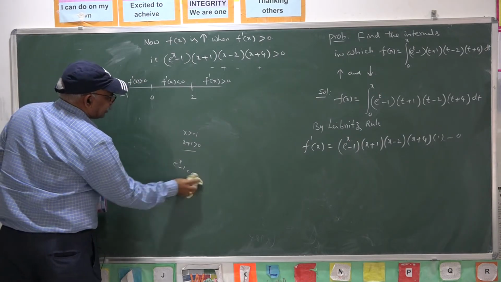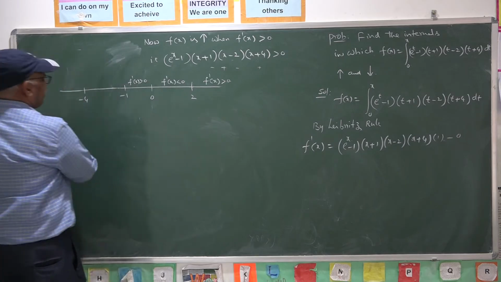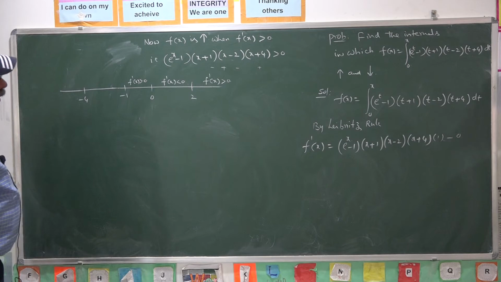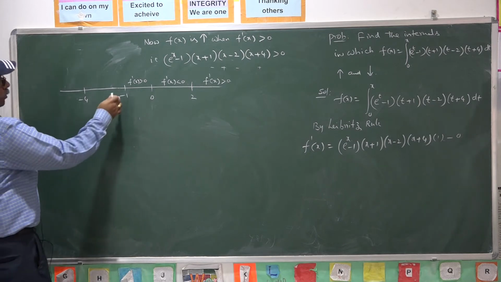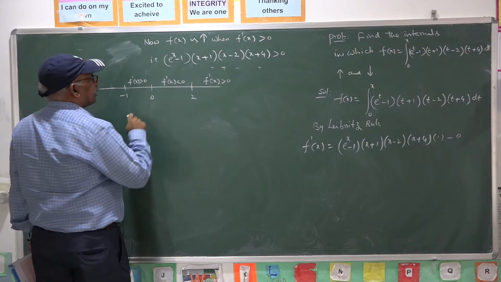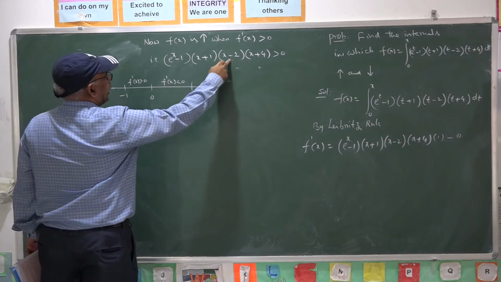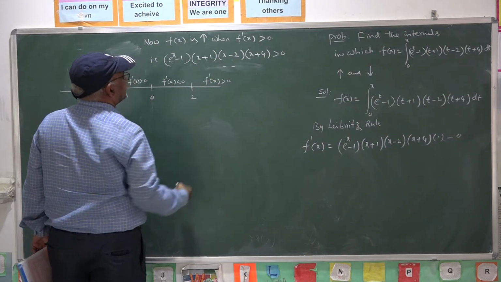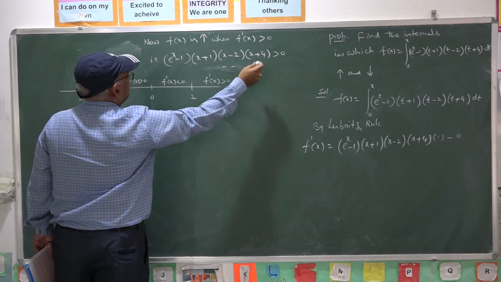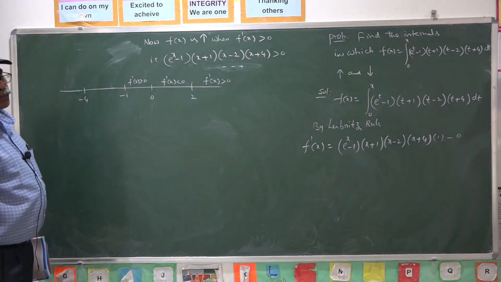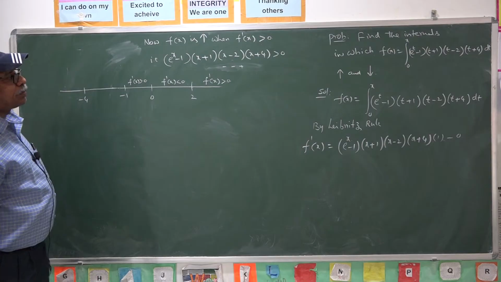Now x is less than -1 and more than -4. In such case, this is clearly negative. This is negative. This one is negative. This one is negative. This one is positive. X lies between -4 and -1, so x plus 4 is positive.